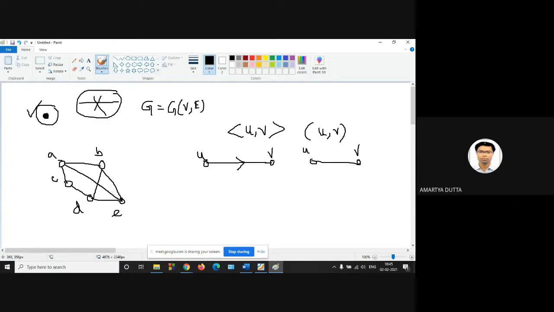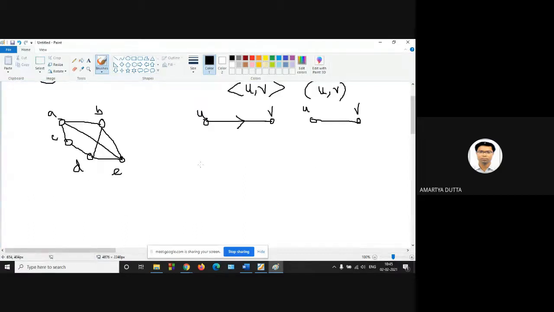Let this be the graph. Now, what is the adjacency matrix? How to represent the adjacency matrix of this given graph? First of all, you have to write the square matrix with A, B, C, D, and E.